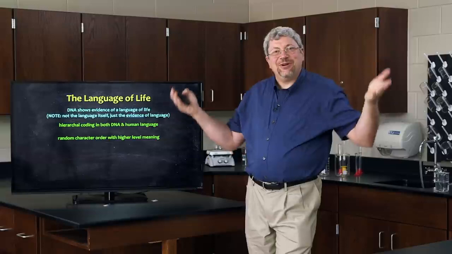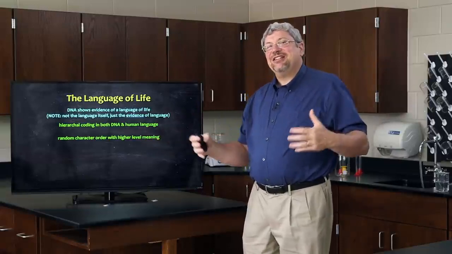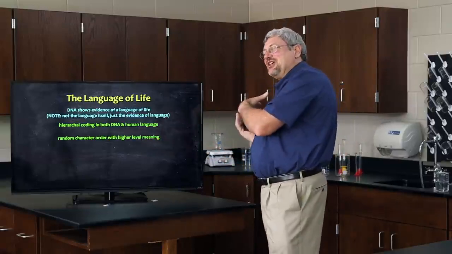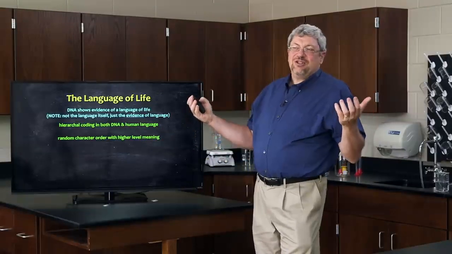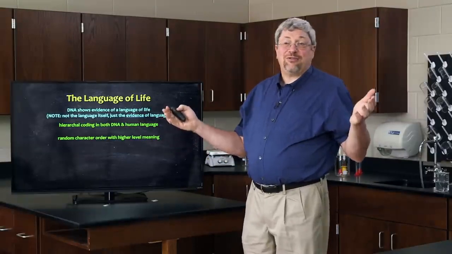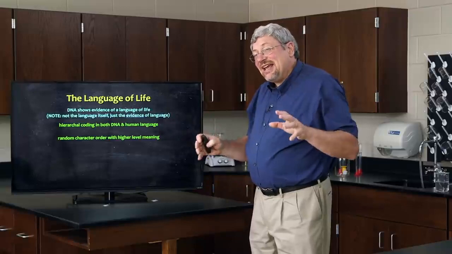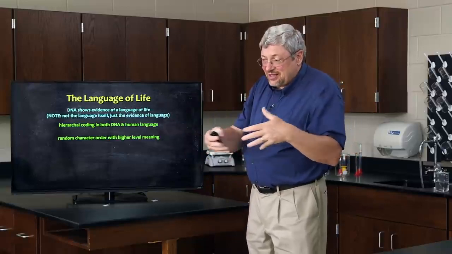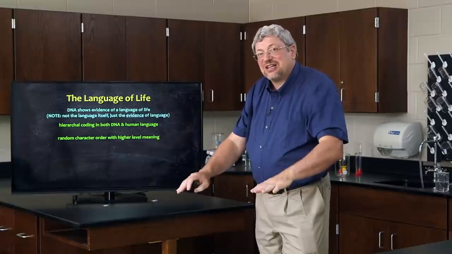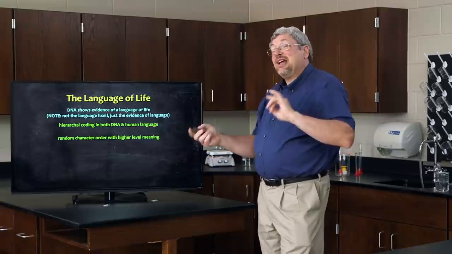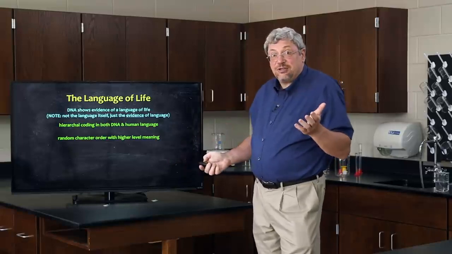Yet, we know good and well that DNA contains information, information on the sequence of amino acids necessary to build a protein, the recipe for a protein. Thus, DNA is not random at one scale, but at a lower scale, it is random. That's the same characteristic of language.